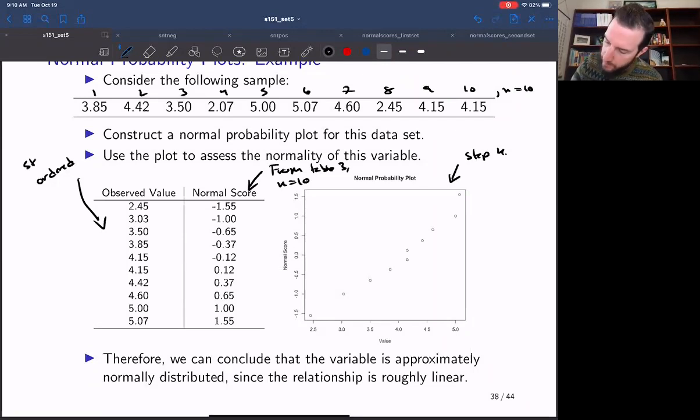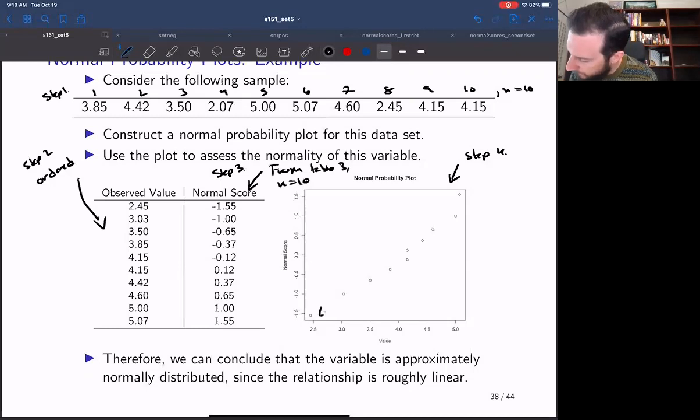Okay, so here's my scatter plot. I have the normal score on the y-axis and I have the value on the x-axis, but that honestly doesn't matter. You can put them on whichever axis you want, because if it's linear, it'll still look linear.